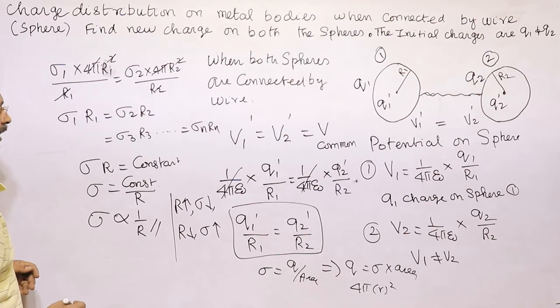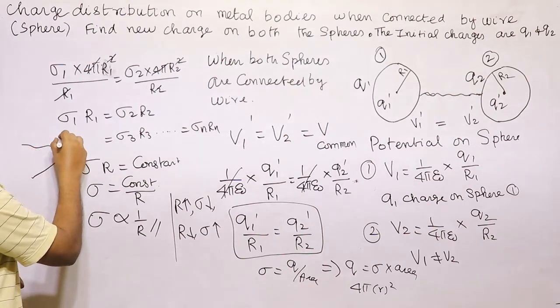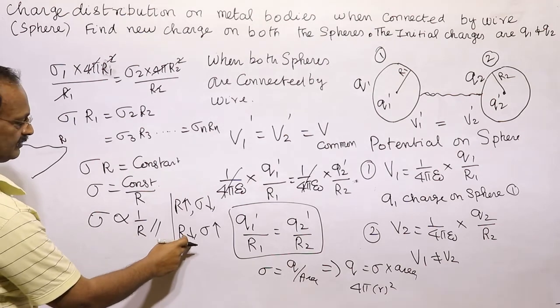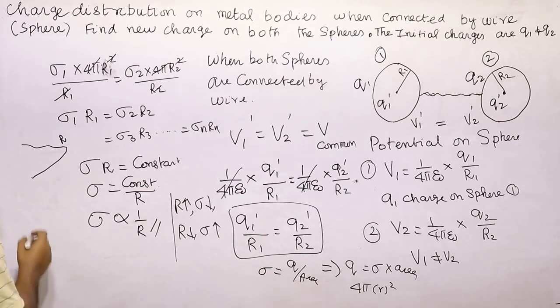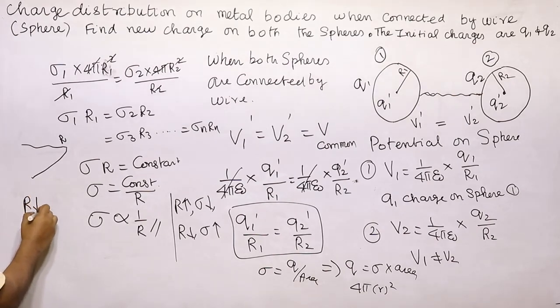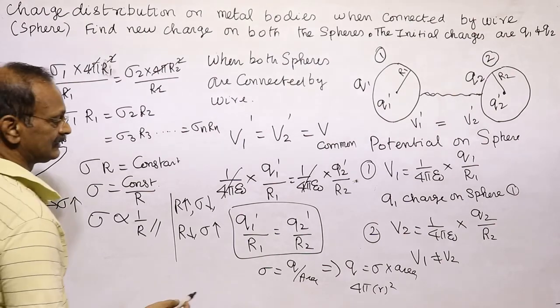It is an inverse relation. That is why at a sharper corner, where R is small, the charge density is more. What is charge density?